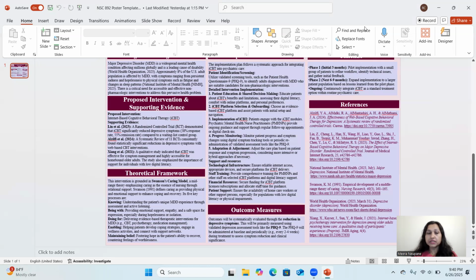Doing for means delivering evidence-based therapeutic interventions for major depressive disorder, for example, cognitive behavioral therapy, psychotherapy, and medication management. Enabling means helping the patient develop coping strategies, engage in wellness activities, and connect with a support network. Maintaining belief means fostering hope in the patient's ability to recover.